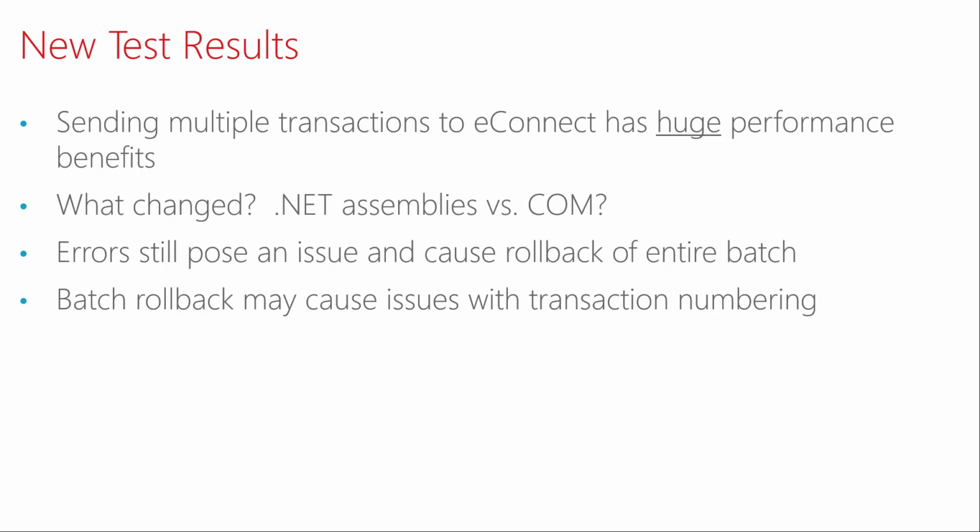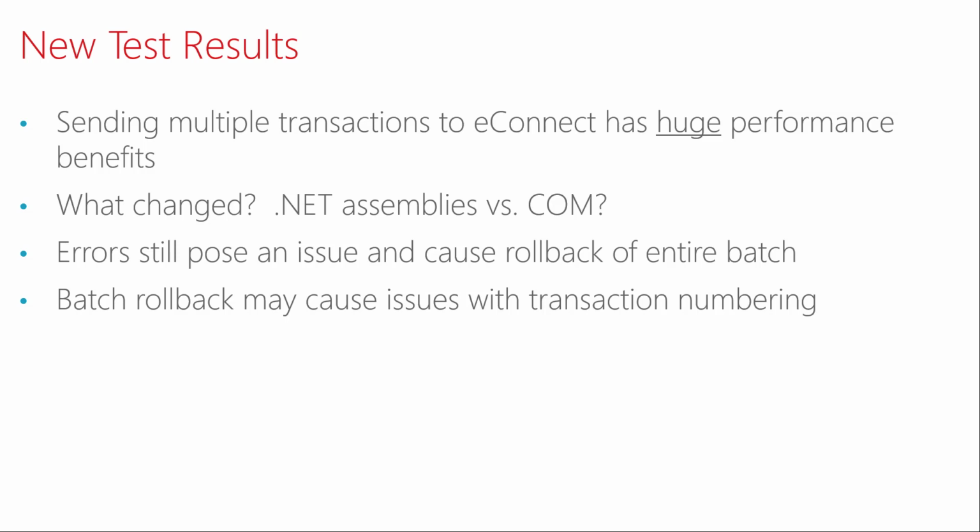And if you are numbering your transactions before you submit them to eConnect, say you're issuing journal entry numbers or AP vouchers or SOP numbers, if you are submitting 500 transactions and that rolls back, you may end up consuming those transaction numbers. If you're not storing them and retaining them with your data, perhaps in a staging table, you'll end up burning through 500 journal entries if that batch fails and you have to resubmit it.